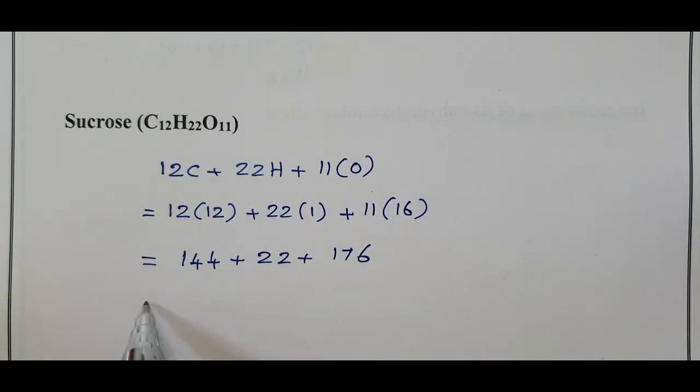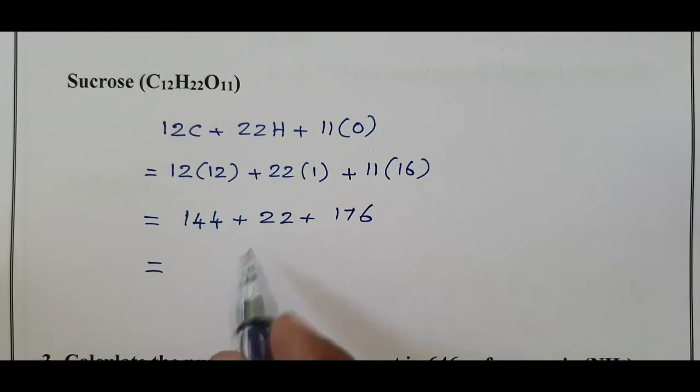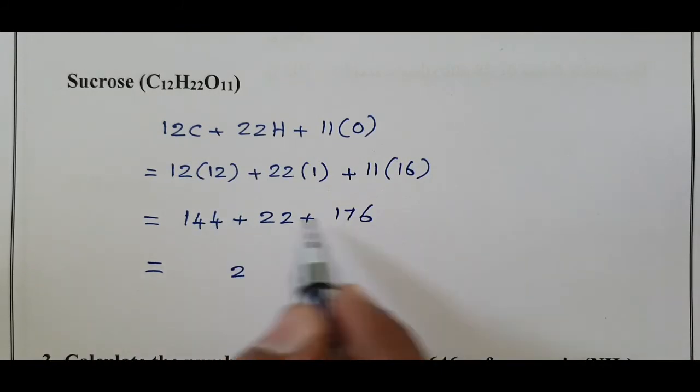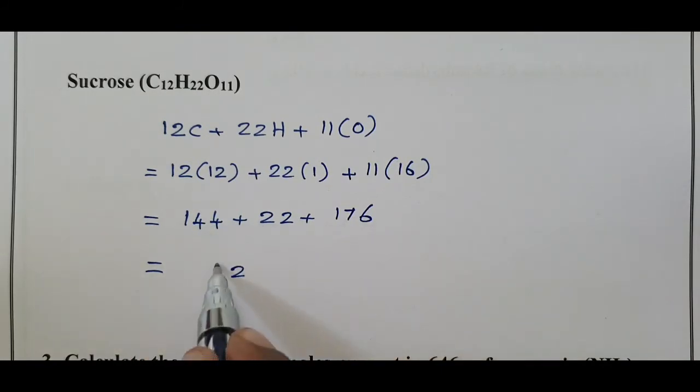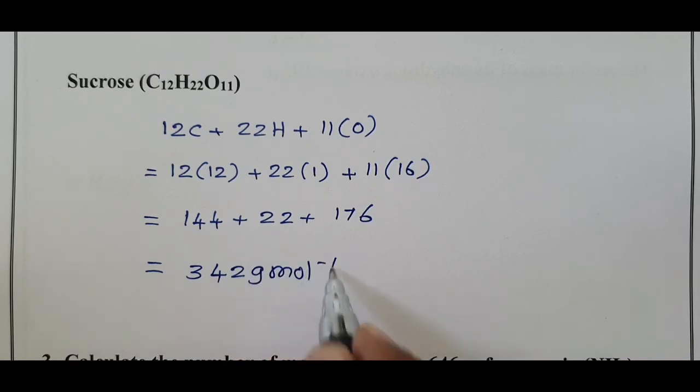When we add all these, we will get the answer 342 gram mole power minus 1 is the molar mass of sucrose.